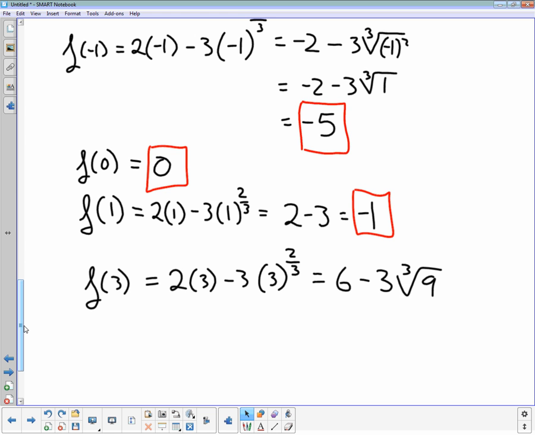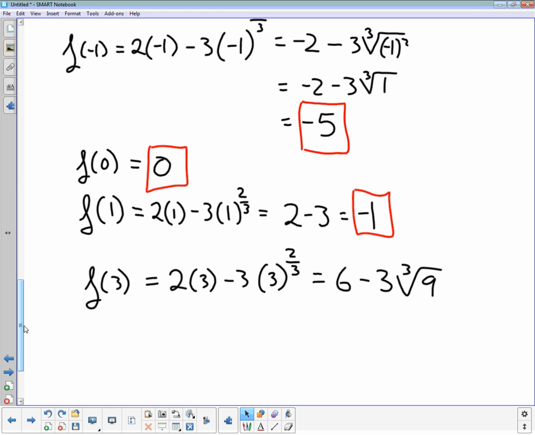So, in order for that to be positive, the cube root of 9 must be smaller than 2, right? Because if it was equal to 2, then it would be 0. What's the nearest cube? 8. And since 9 is slightly bigger than 8, it's greater than 2.